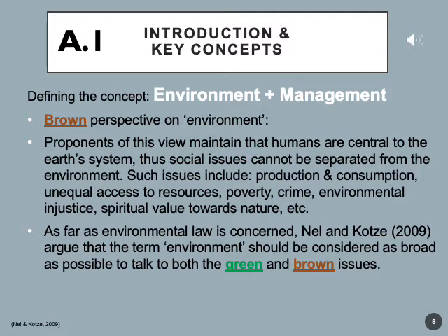Such issues include production and consumption, unequal access to resources, poverty, crime, environmental injustice, spiritual value towards nature, etc. These are elements and issues that are only applicable to humans and not to other living organisms. So then, as far as environmental law is concerned, Null and Kotzé argue that the term environment should be considered as broad as possible to speak to both the green and the brown issues.